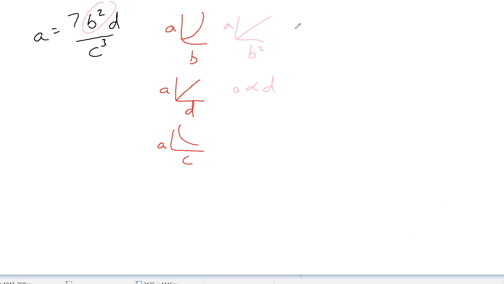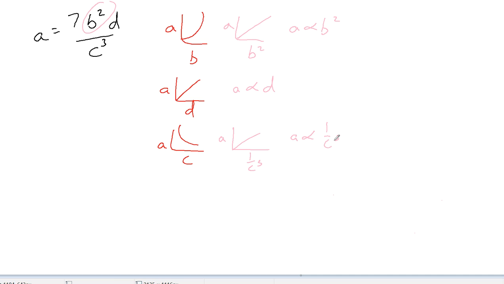So that tells me that A is directly proportional to B squared. Same thing for this: A versus C doesn't work at all. But if I graph A versus 1 over C cubed, the entire nature of it, it would give me a straight line, which tells me that A is directly proportional to 1 over C cubed.